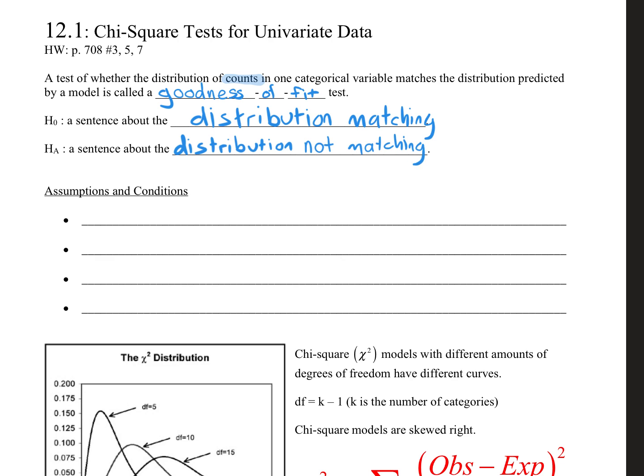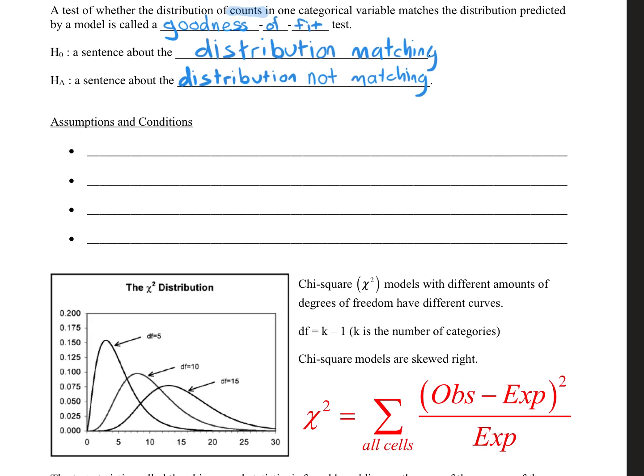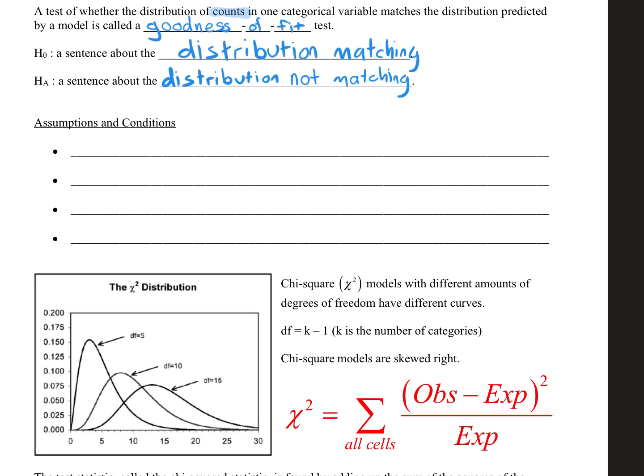Right, we have 4 conditions. Some of them are the same, some of them are kind of new. We have our random or representative condition. We have our 10% condition.